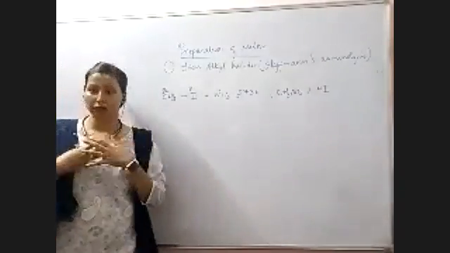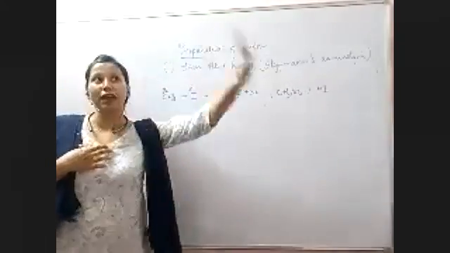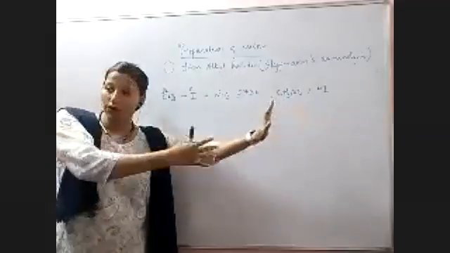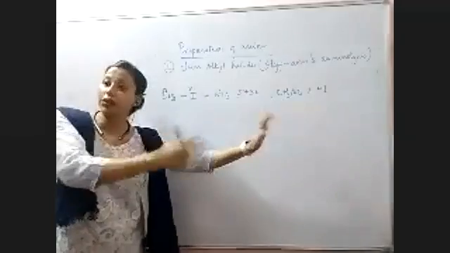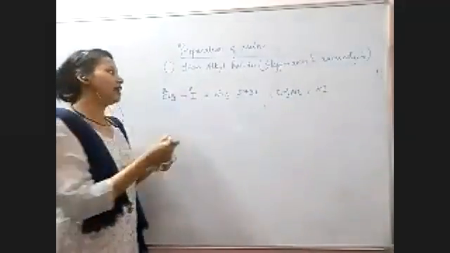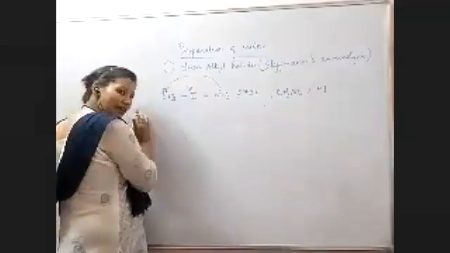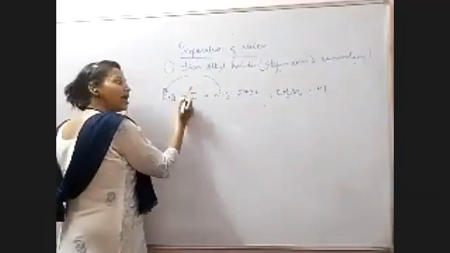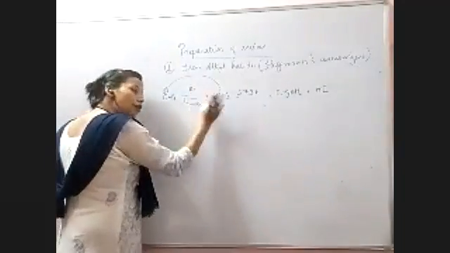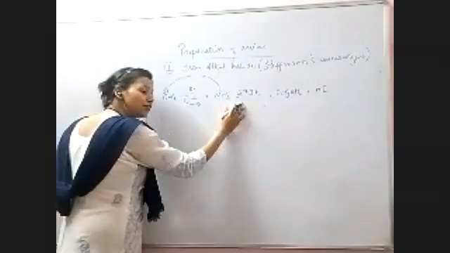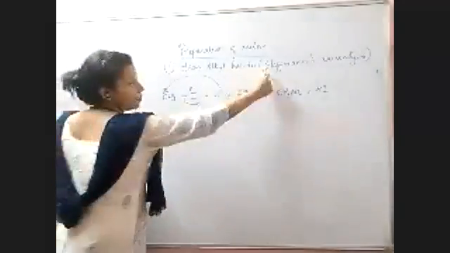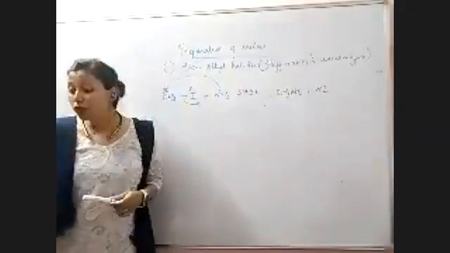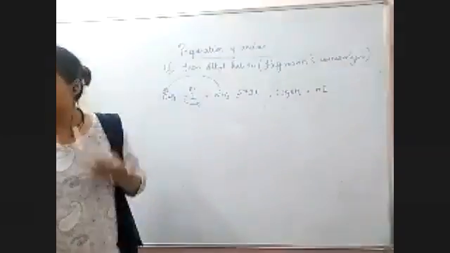Somebody who has a pair of electrons will be attracted towards the nucleus. Nucleus loving, so nucleophile. So the lone pair of nitrogen attacks here and this is going out. So which category does this come in? Nucleophilic substitution reaction. Write it down.